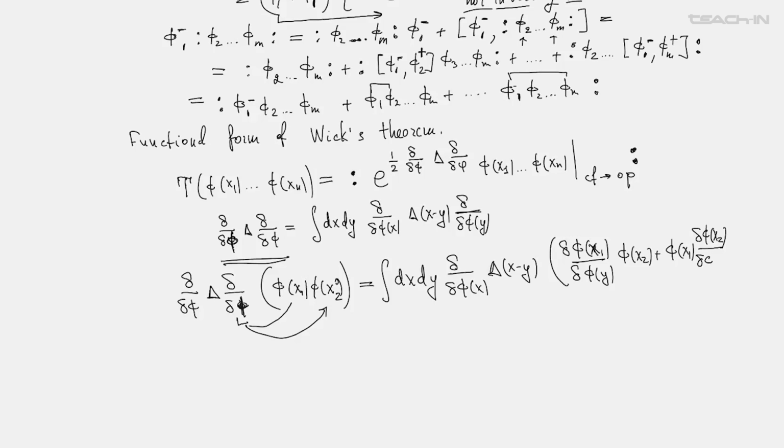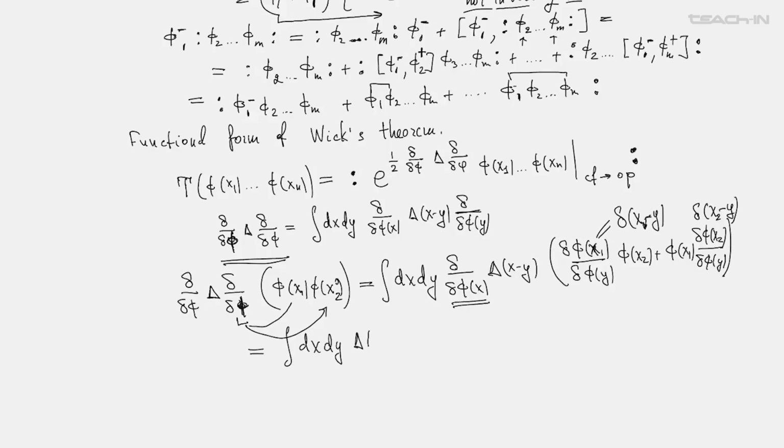And this gives you, of course, a delta function, x1 minus y. It's a classical field, so you consider this phi on x1 as a function of x1. You vary it with respect to the same function on the variable y, so you get delta function x1 minus y. Here you get delta function on x2 minus y. And then you apply another variation. So the propagator is left over. So let's do the second variation: dx dy delta x minus y will be left over.